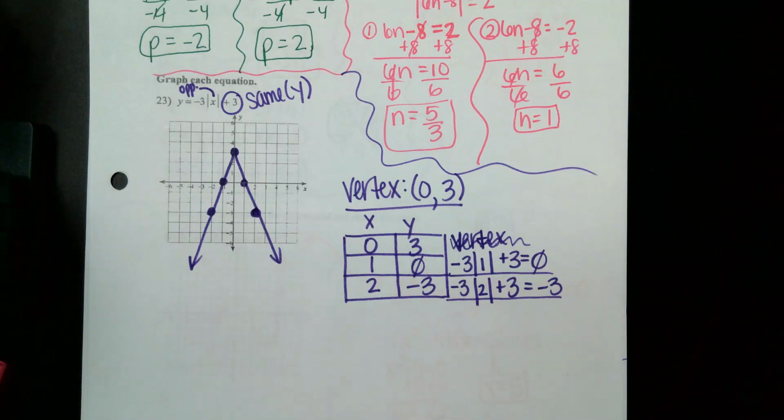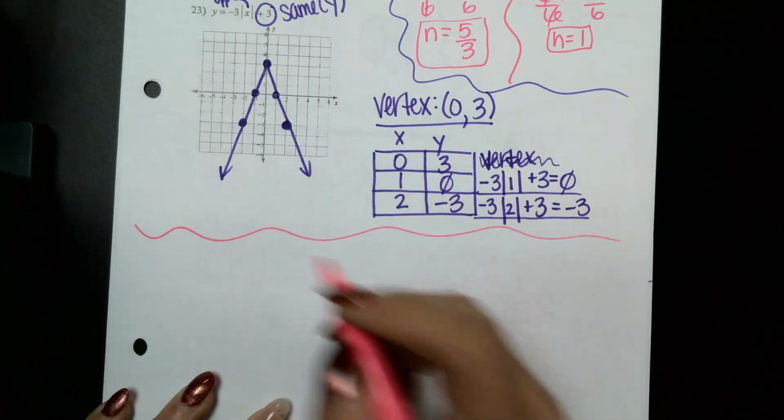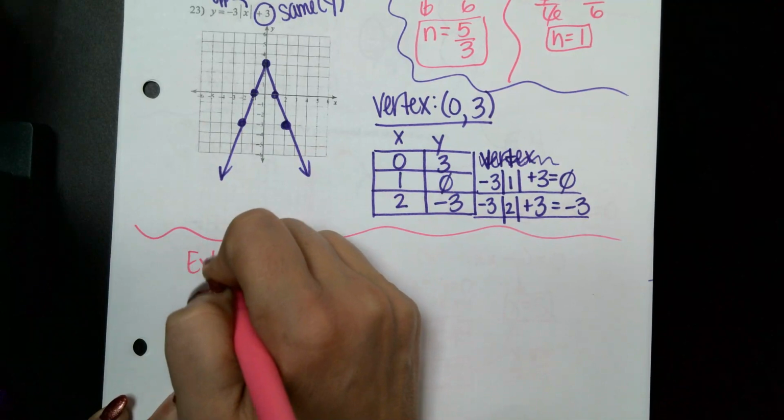Okay. Now there is one extra problem on your test that we never really discussed. And it asks you basically, what does it mean when they say, check for extraneous solutions. So we're going to write something here.